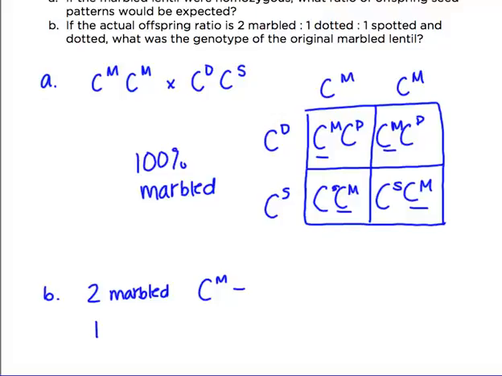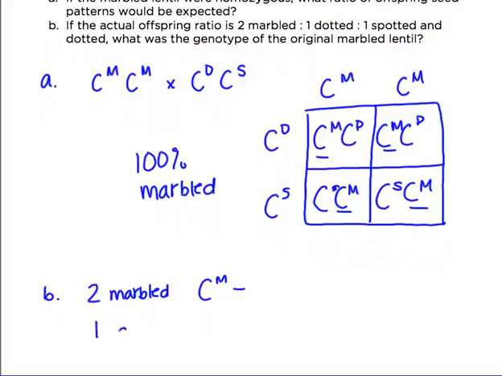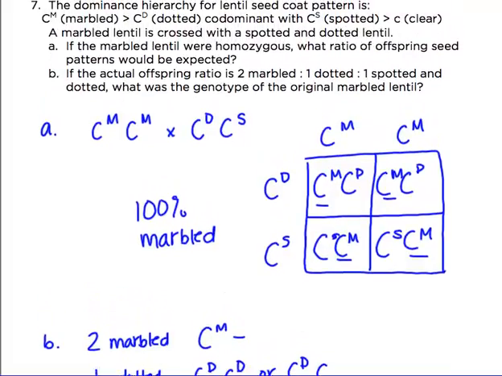For a dotted, it is CD, and it could either be CD, CD, or CD little c, because dotted is dominant to clear.